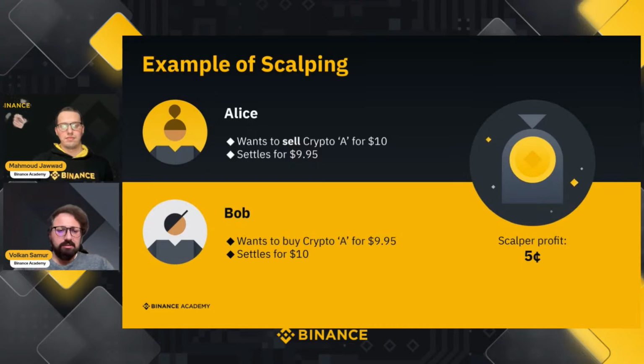So a scalper makes a small profit, like 5 cents, but they can make larger profits if they do transactions of hundreds of thousands of units in a day, right?